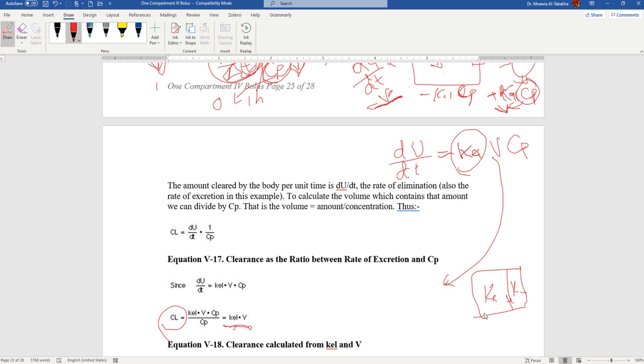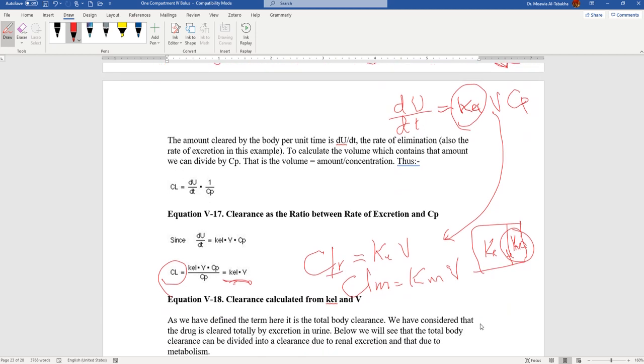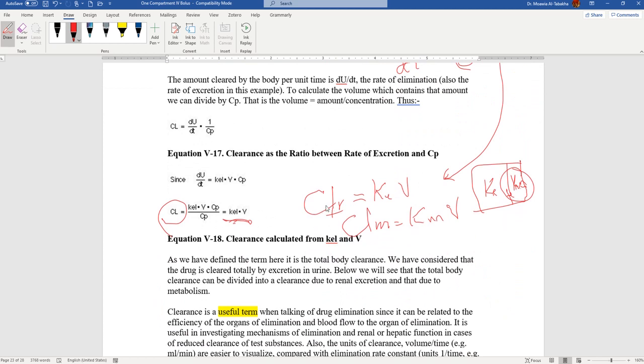In this case we get renal clearance, and it will be equal to KE times V. Okay. If I want the metabolism, clearance by metabolism, it becomes KM times V. If I want to add them together, renal clearance and clearance by metabolism, I will get the total clearance, which is KEL times V.